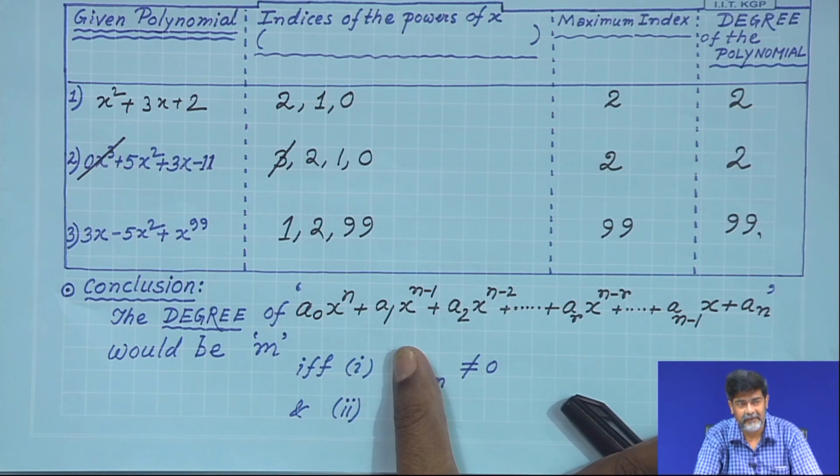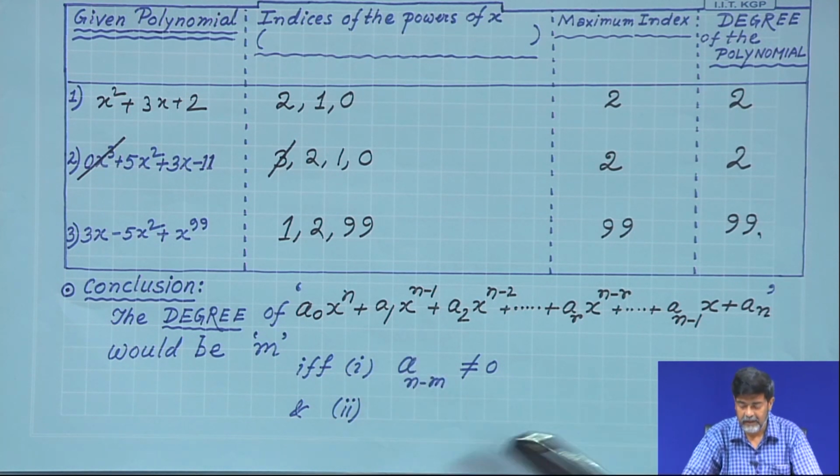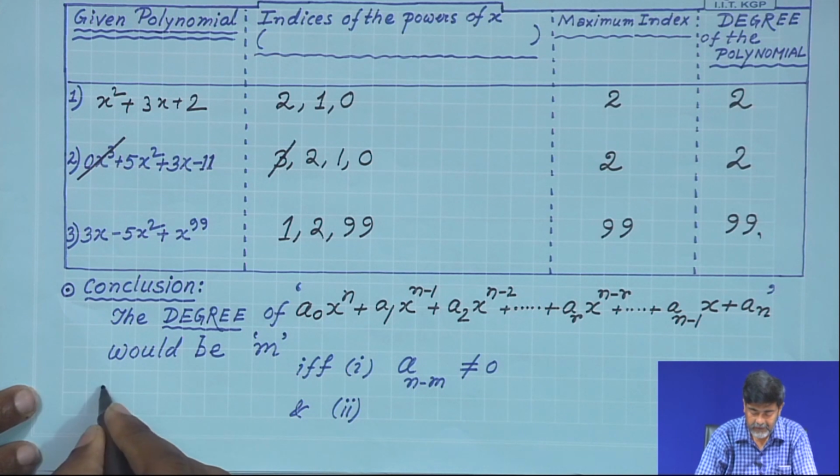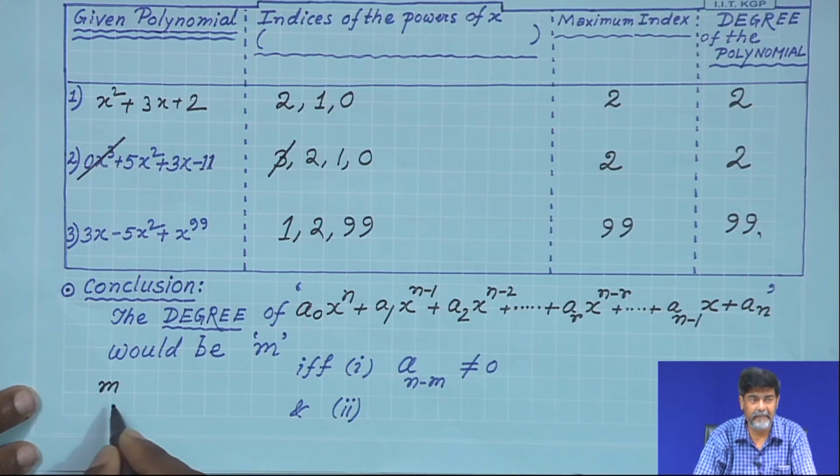Try again. If the index of the power be m, then what will be the suffix of a? Choose it in such a manner that the suffix plus m is n. So n minus m. Okay, let us see. We have m as the power, yes, and what is the suffix?